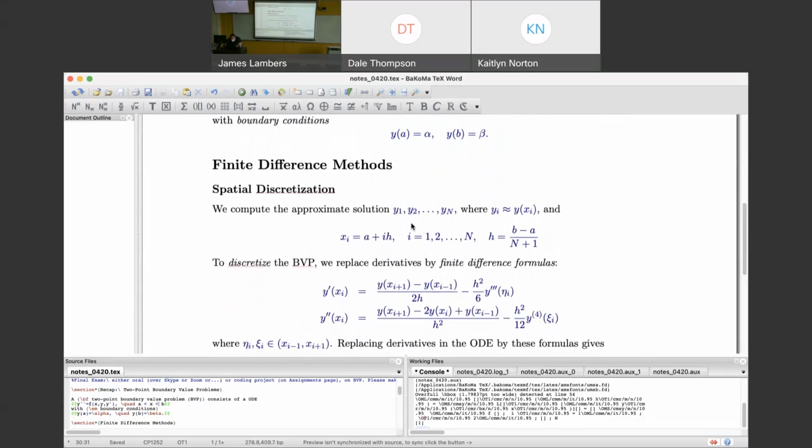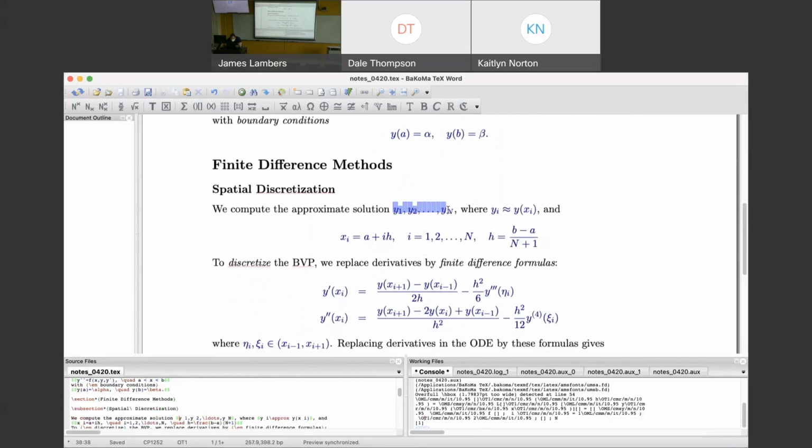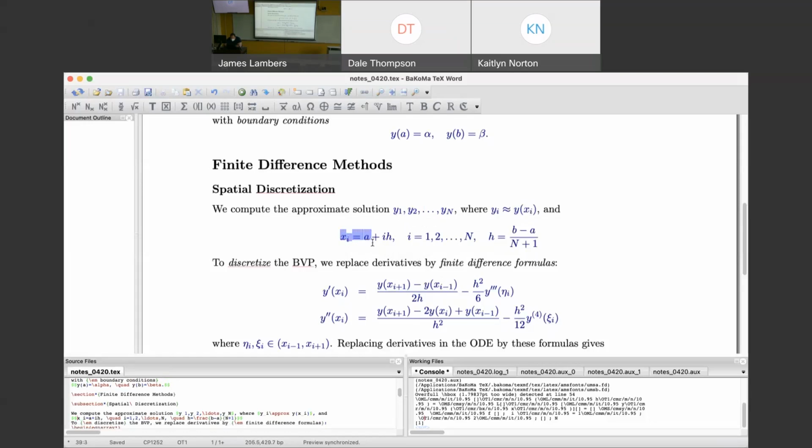So if we want to solve for y at n interior points, so each yi is an approximation of the exact solution at xi, and the xi's are these equally spaced points in the interval AB.